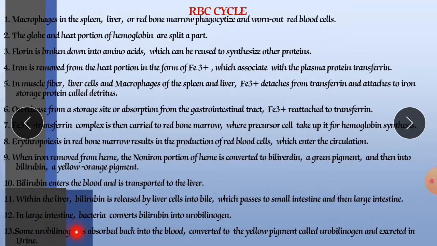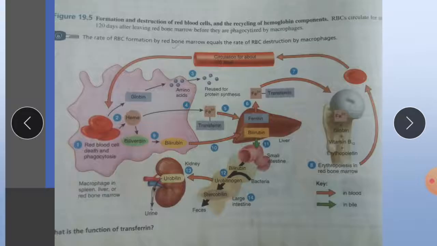Some urobilinogen is absorbed back into the blood. So here you can see some urobilinogen is absorbed back into the blood, and from the blood it will go directly into the kidney, where it gets converted into urobilin, and in the form of urobilin it is released into the urine.